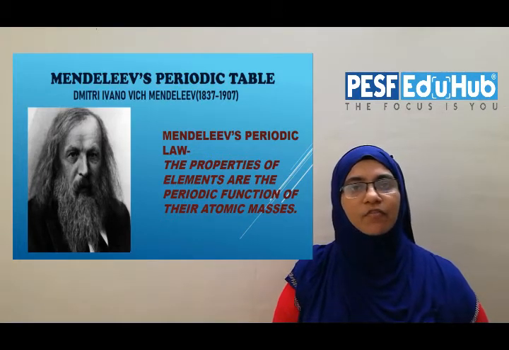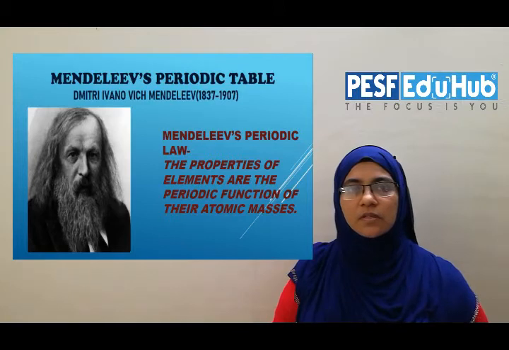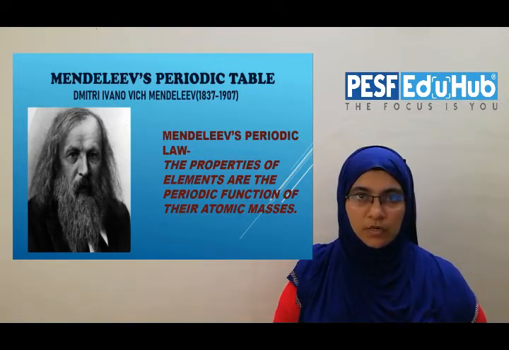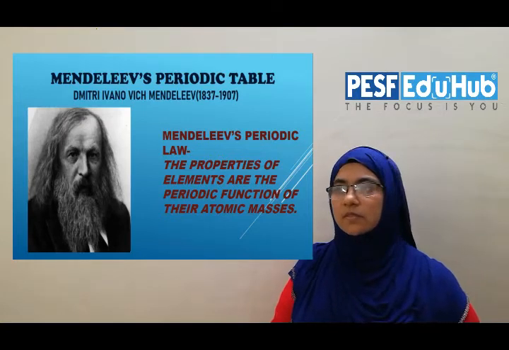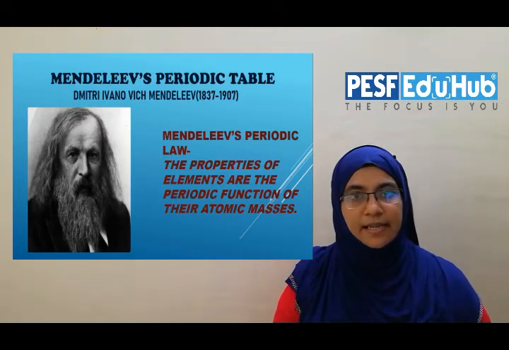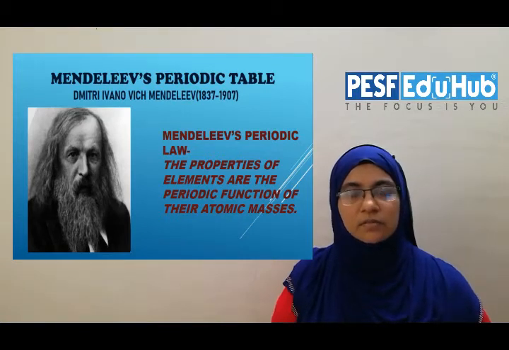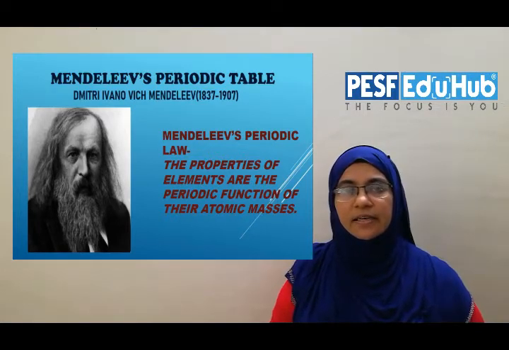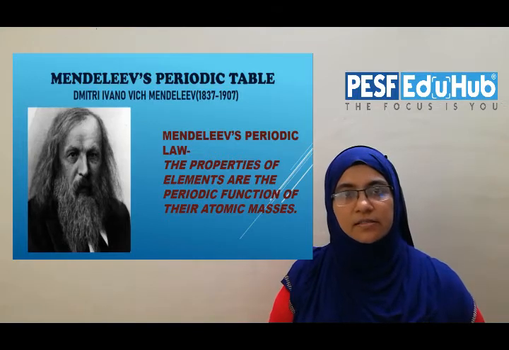During the time of Mendeleev, 63 elements were known to the world. Mendeleev studied all these 63 elements one by one, and he noted the findings in a card. At the end, he sorted the 63 cards.